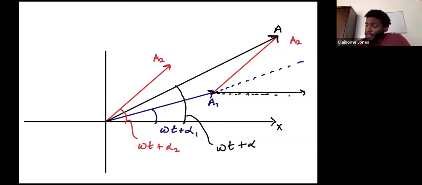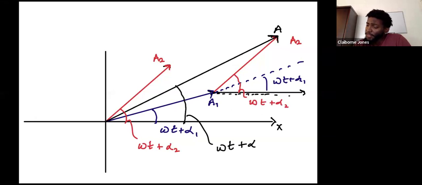To where we know that this angle is some omega t plus alpha 1. And we know that this angle, let me put it down here, is some omega t plus alpha 2, right?